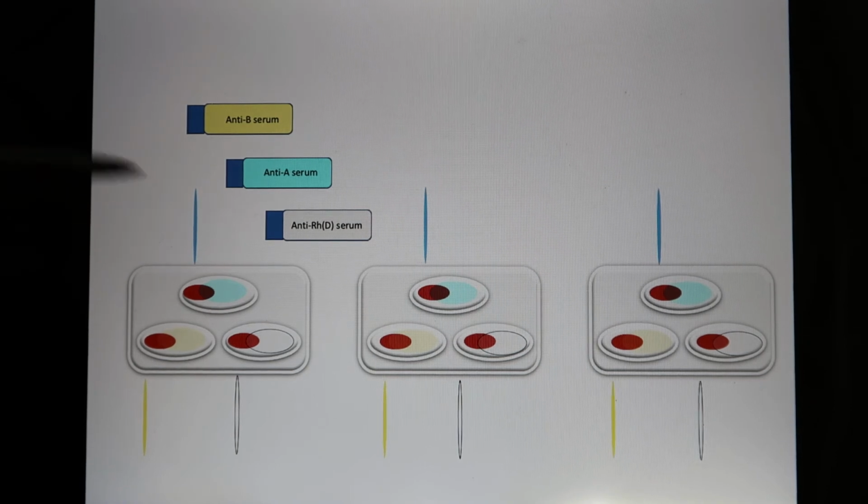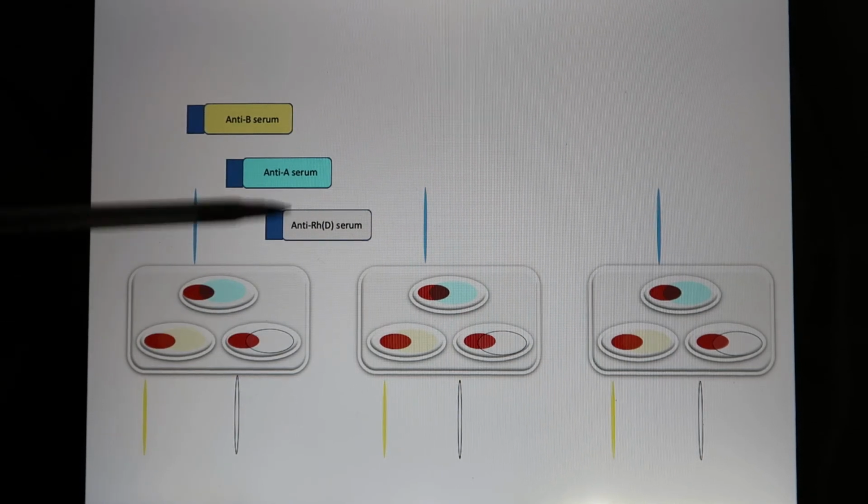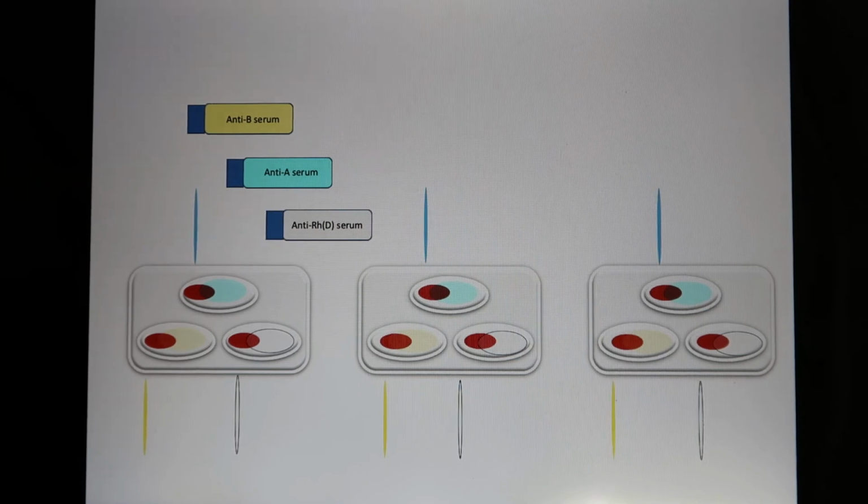That's how we identify it. So if we see clotting in 1, 2, 3, positive, we know this person's blood type is AB positive, because the anti-D serum means RH. So that's how we identify it.